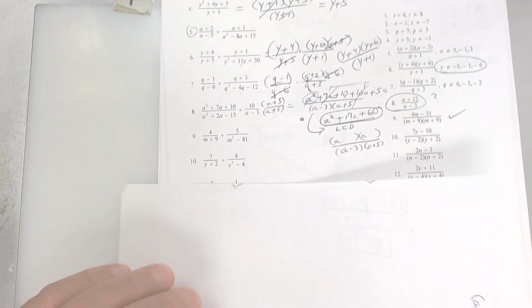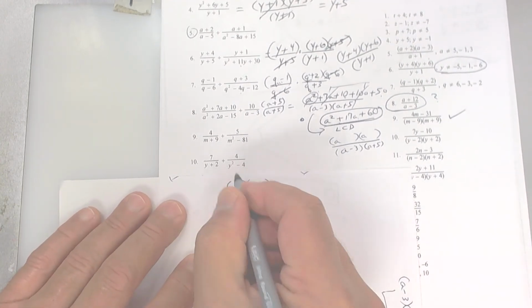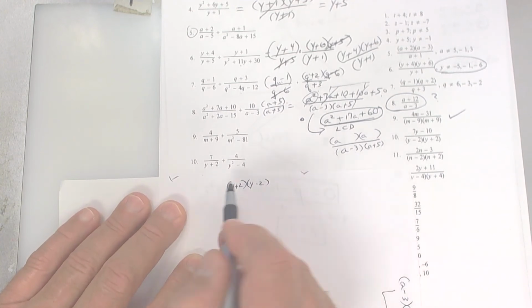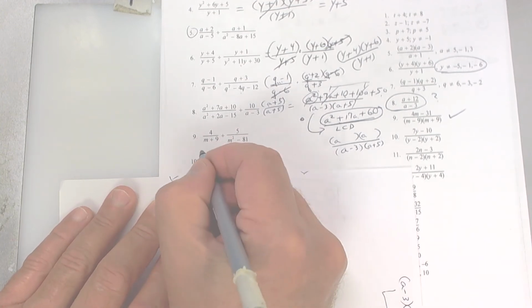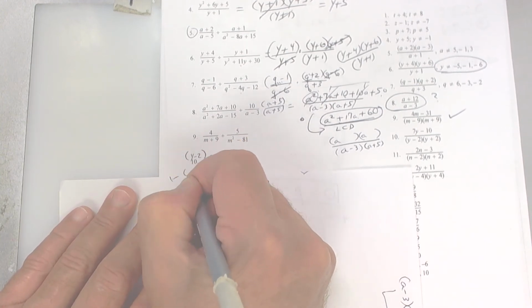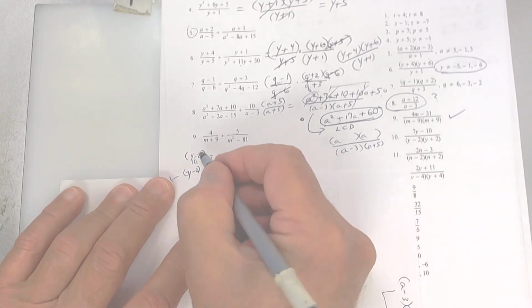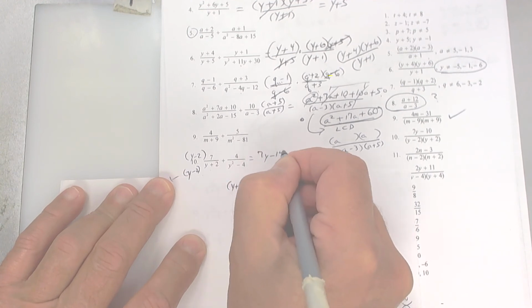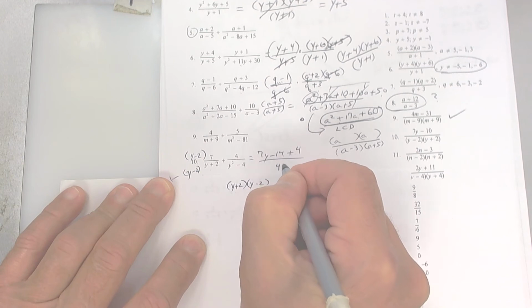Let's keep moving. Number 10, let's try this one. This one right here, you got to factor your bottom. That's the difference of two squares, y plus 2 and y minus 2. So your least common denominator is both of these, but you're missing the y minus 2. So you want to multiply this one by y minus 2. And when you do that, you're going to get 7y minus 14 plus 4 all over your least common denominator.